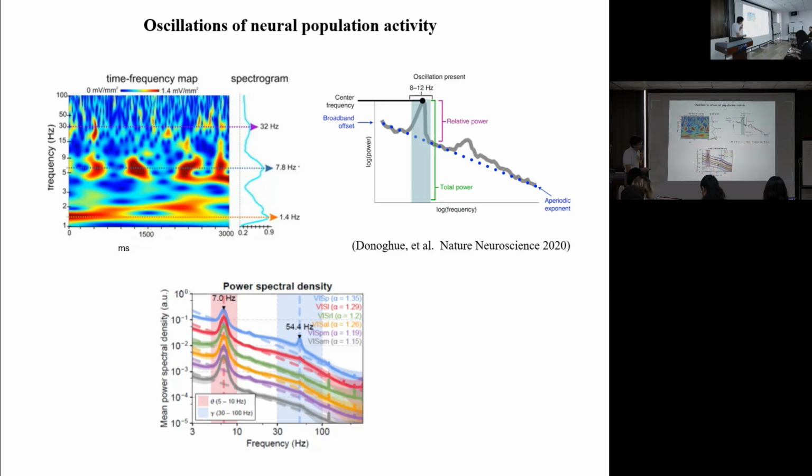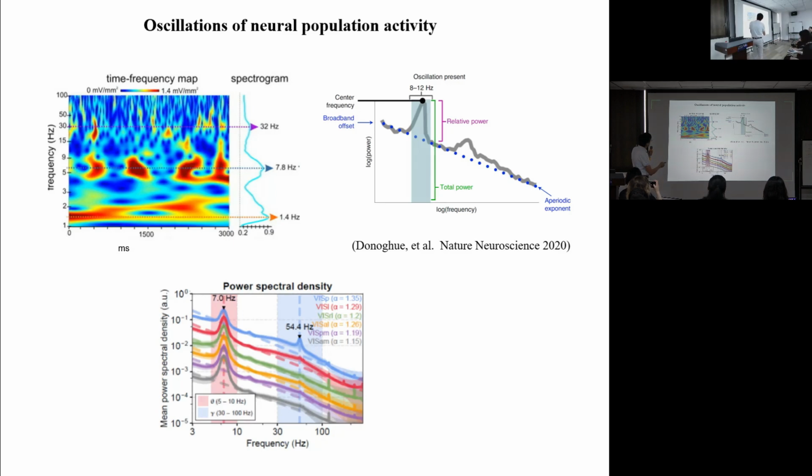You'll see these hallmarks I've just mentioned: peaks, this one theta oscillations, here gamma oscillations, and they sit on top of the 1 over f line, indicating complex temporal dynamics so far.